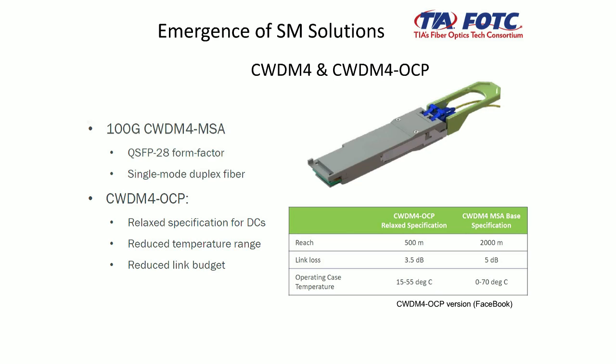It's the cheapest one, what they call OCP, Open Compute version, a 500 meter reach solution. And similarly, the cable plant is constrained, 3.5 dB of power budget there. So these are 2 very popular transceivers with the hyperscale guys.